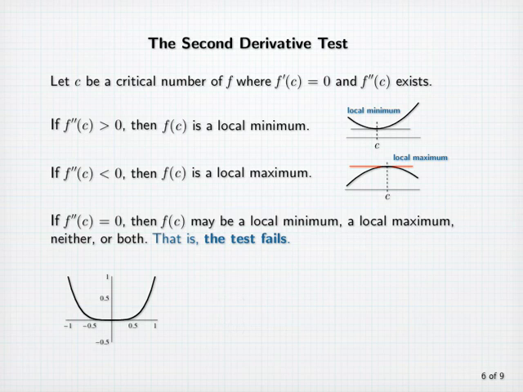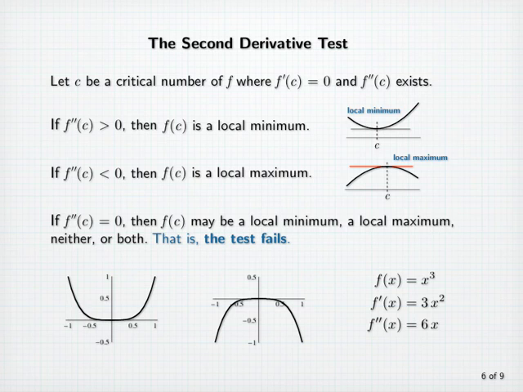On the other hand, if f of x equals minus x to the fourth, then again f prime of 0 equals 0, and 0 is the only critical number, and f double prime of 0 is also 0. This time, the graph is always concave down, and f of 0 is a local maximum, in fact a global maximum.